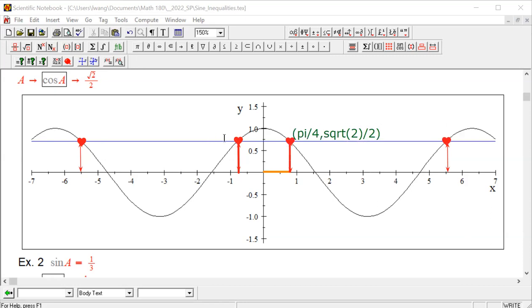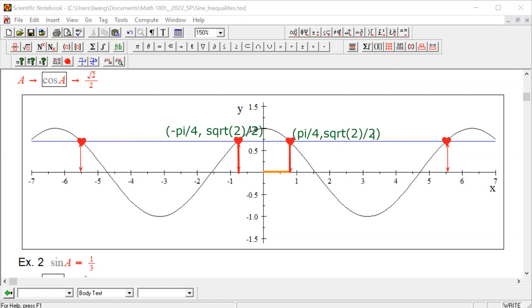Okay, and you can mark the rest of the points. And this point is negative pi/4 and √2/2. Okay, so each one of these points is represented by that solution in general, and they can all be marked properly. Of course, this one is 7pi/4, and square root 2/2.